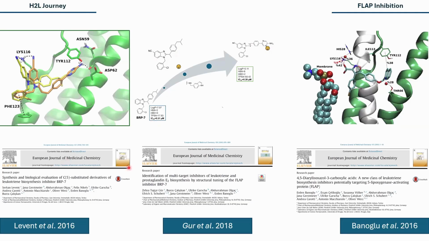So these two papers are mostly about that study that we conducted on benzimidazole groups and the effect of the structural change on FLAP inhibition, based on development of derivatives of BRP7, which was our hit compound.